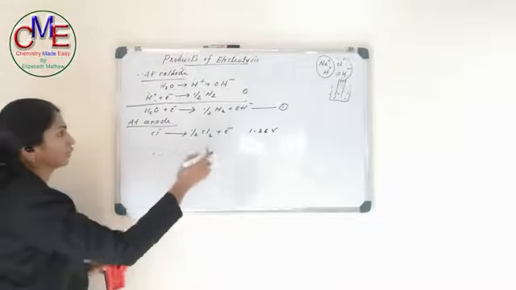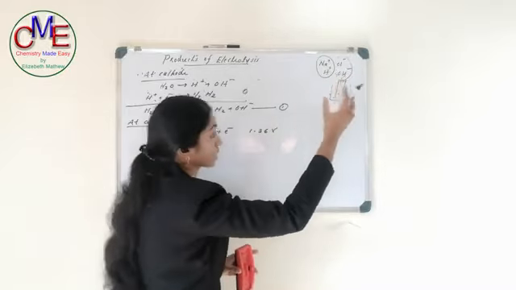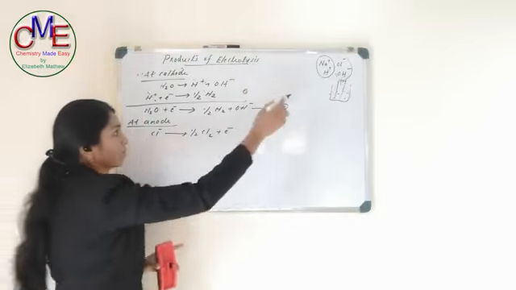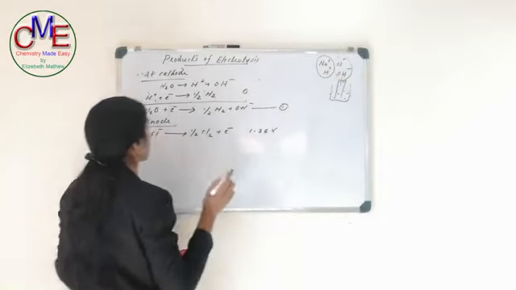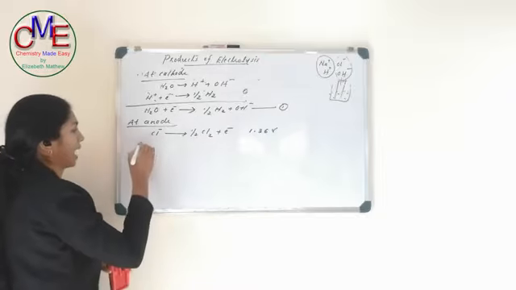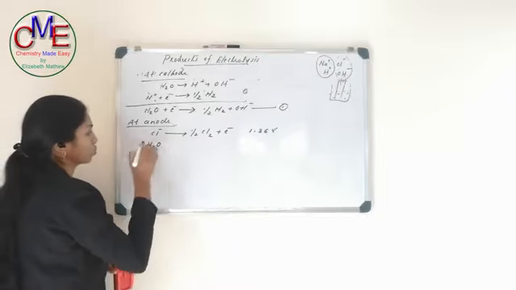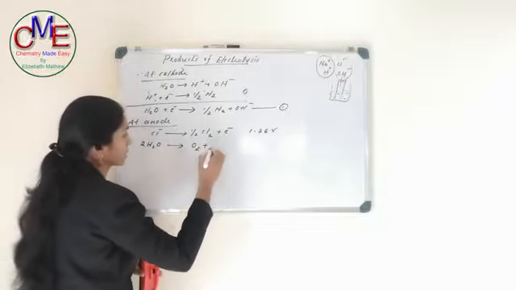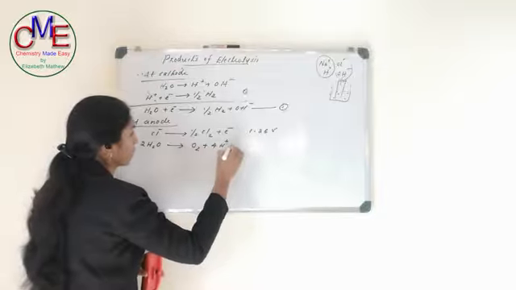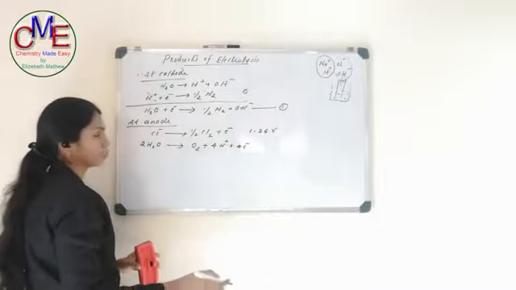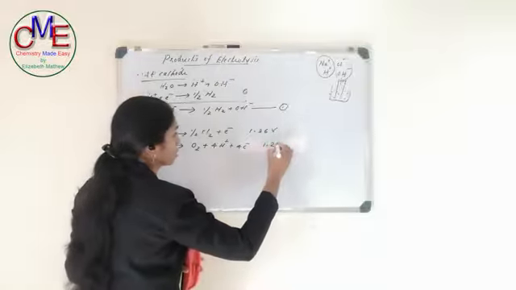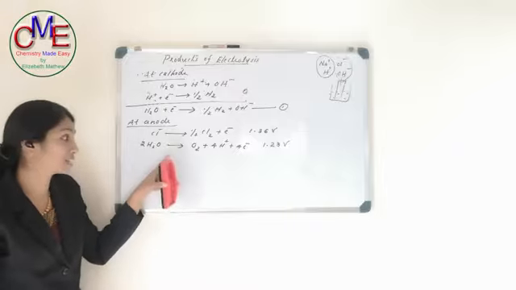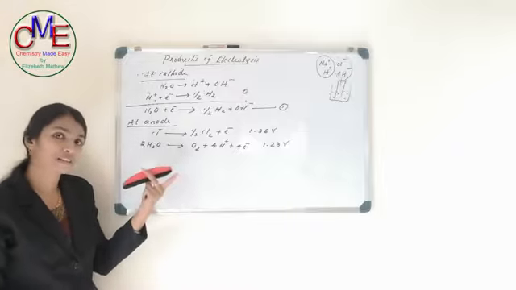Okay, and if OH minus ions move towards the anode, and if oxidation occurs in this OH minus ion, we can write its equation as 2H2O gives O2 plus 4H plus 4 electron, and its potential value is 1.23 volt. How does this equation come about? Where does it come from? How does it happen? This may confuse.